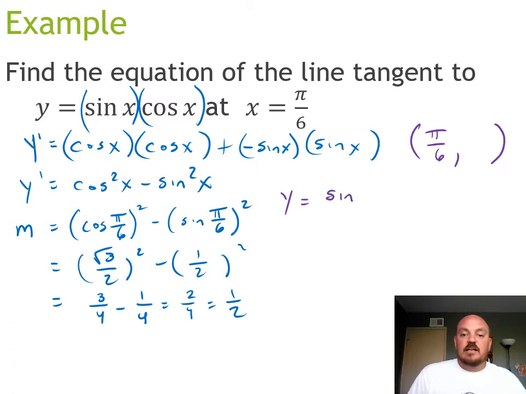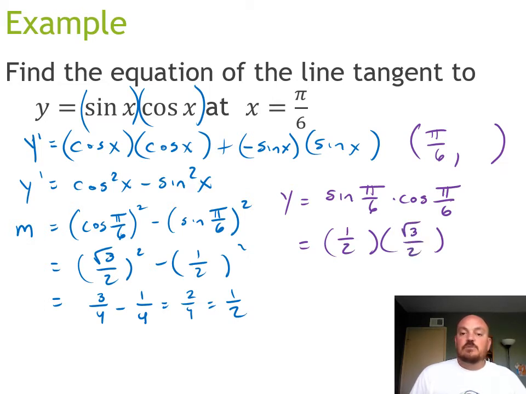So that's going to be sine of pi over 6 times cosine of pi over 6. It's the same two values we just used from the unit circle. Sine of pi over 6 is 1/2. Cosine of pi over 6 is radical 3 over 2. And when you multiply them together, you get radical 3 over 4. And that's what goes right here.